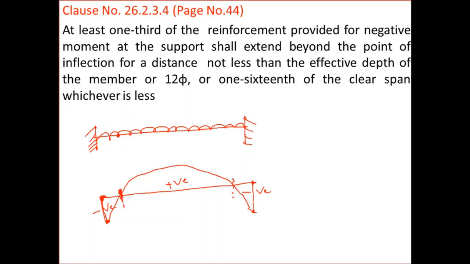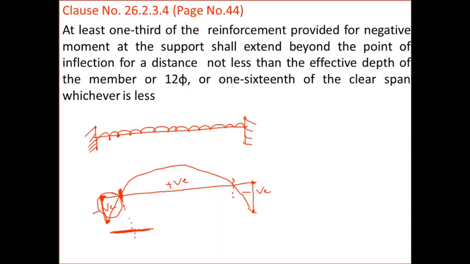Now wherever there is point of inflection, the negative moment reinforcement, this portion of the fixed beam, is designed for the negative moment. So whatever reinforcement you have designed for the negative moment has to be extended beyond the point of inflection.